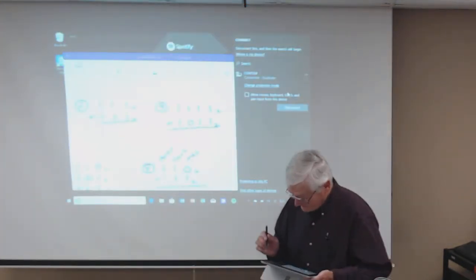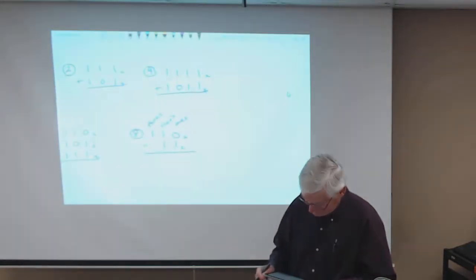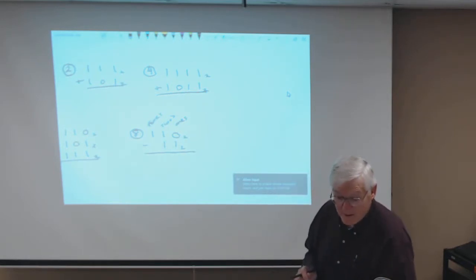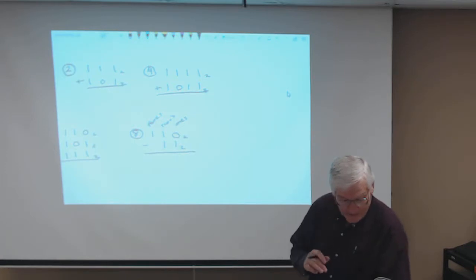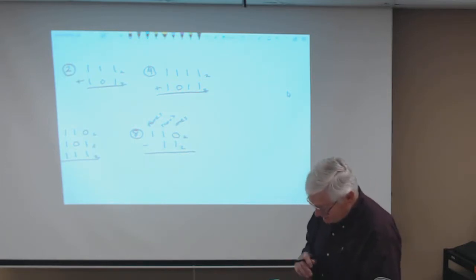There we are. Good. Page 213, exercise 4.4. In problems 1 through 6, perform the indicated additions.